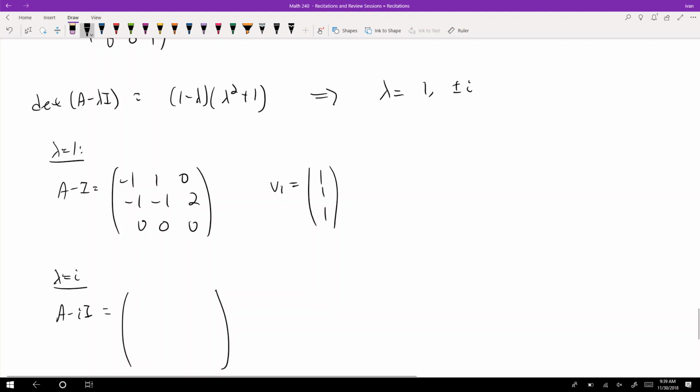So here we'll get negative i, 1, 0, negative 1, negative i, 2, 0, 0, 1 minus i. Okay, so now we need to find an eigenvector v2. All right, the last row. What does the last row tell me?